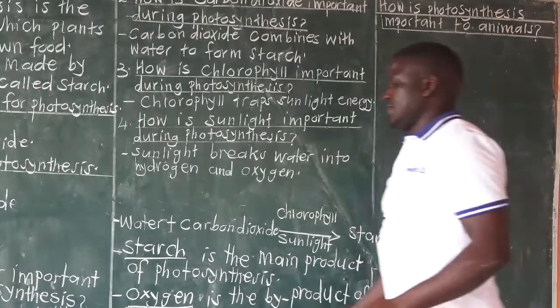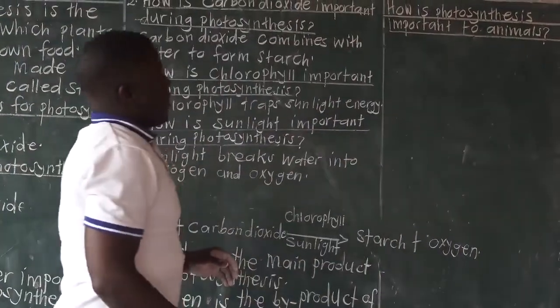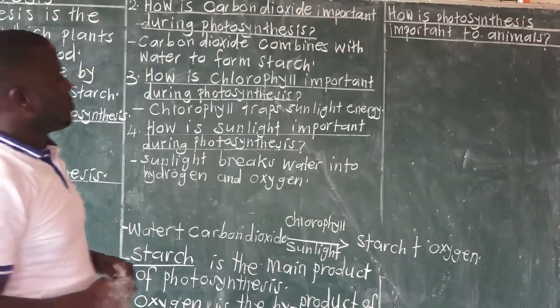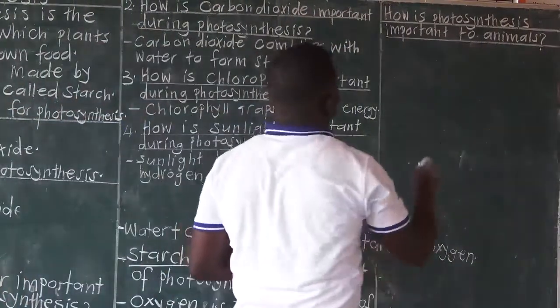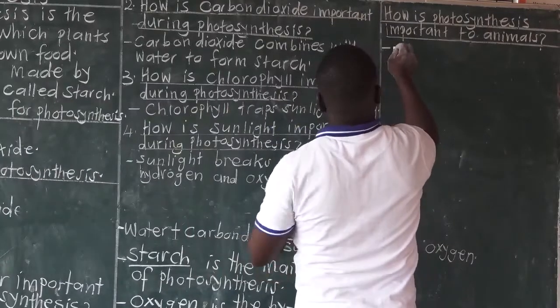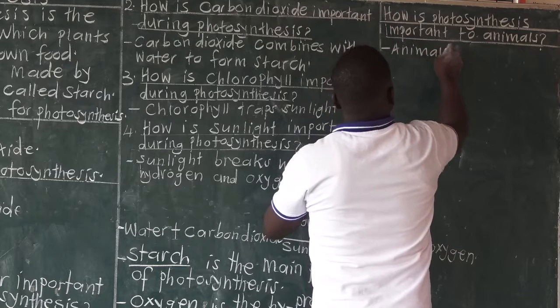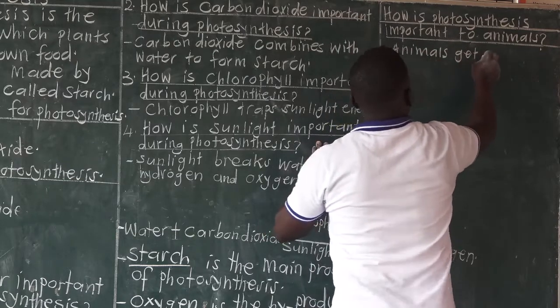Photosynthesis helps animals to get food. Animals get food.